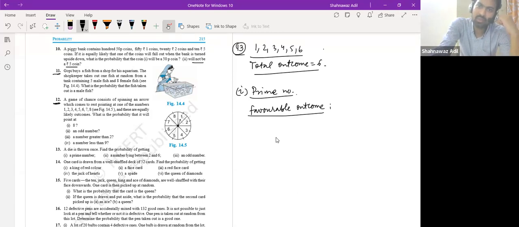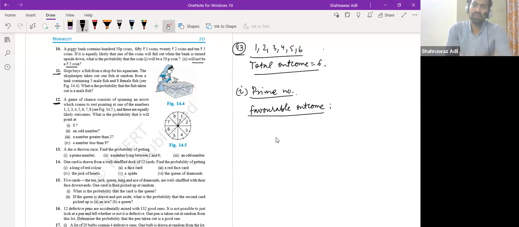Is 1 a prime number? What is the definition of a prime number? A number which is divisible by itself and 1 only. But 1 is divisible by 1, and 1 is divisible by itself. So any doubt, guys?